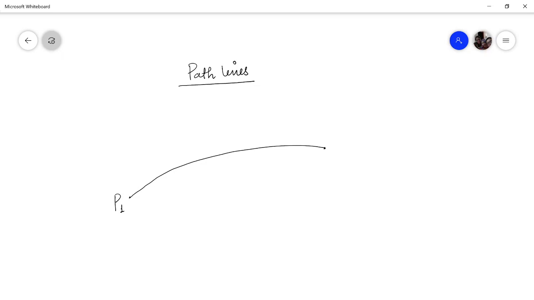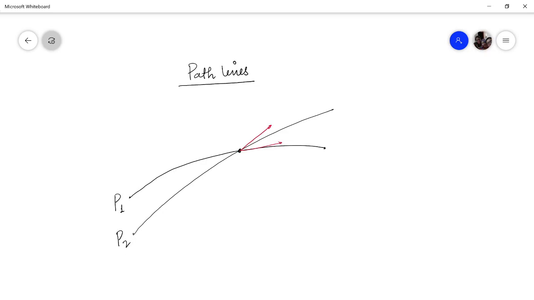So what are path lines again? Path lines are the locus of given identity particles over a period of time. If this is one particle, and let us say this is another particle, this is also moving. If you concentrate on this particular point, you will see that it has two velocities.